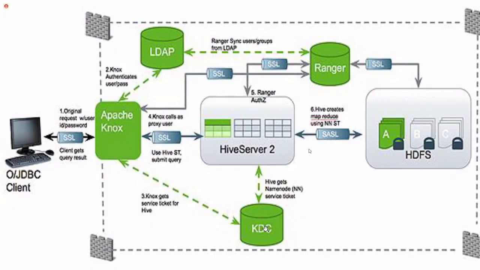So Knox is contacting the KDC and asking for the HiveServer2 service ticket. Kerberos will hold the HiveServer2 ticket. With this HiveServer2 ticket, what is Knox doing now? Next, before talking to Hive directly, it will first talk to Ranger.